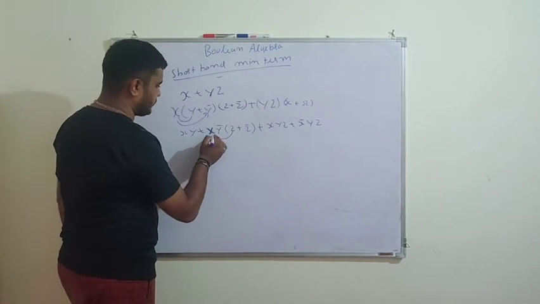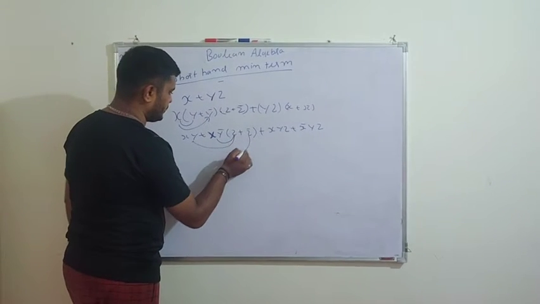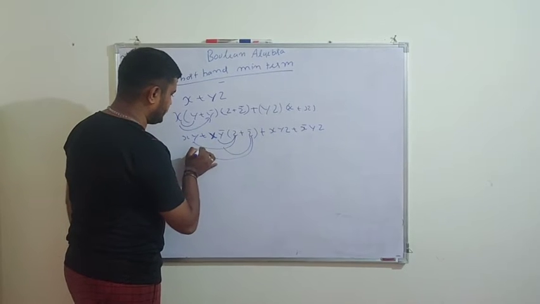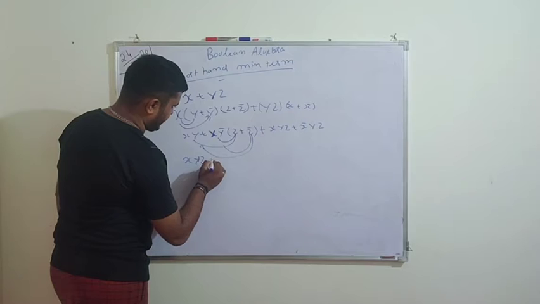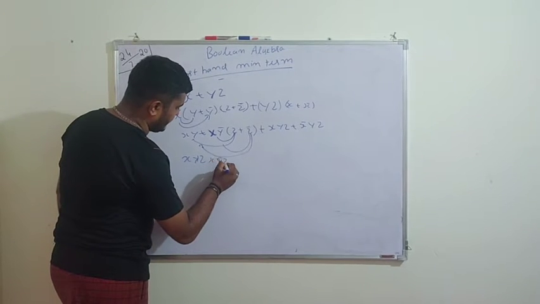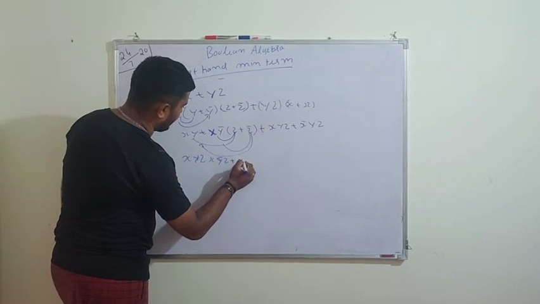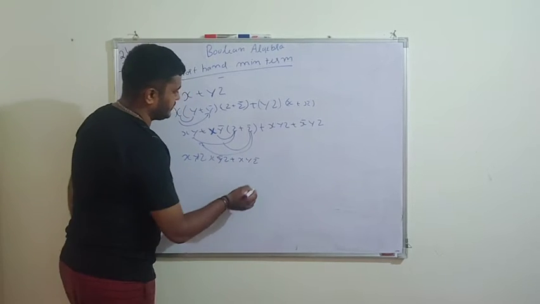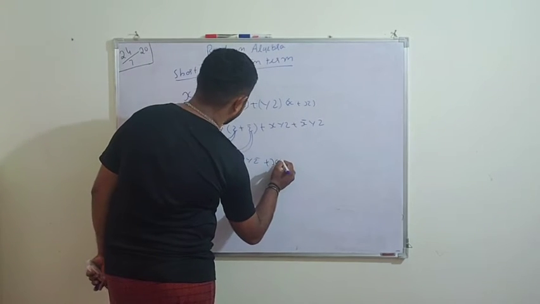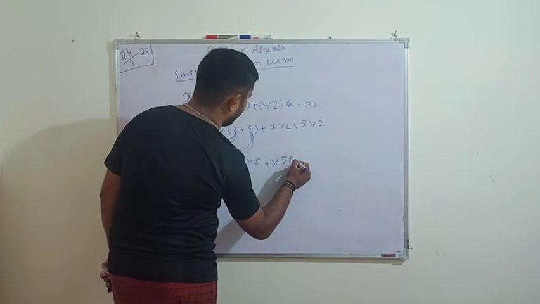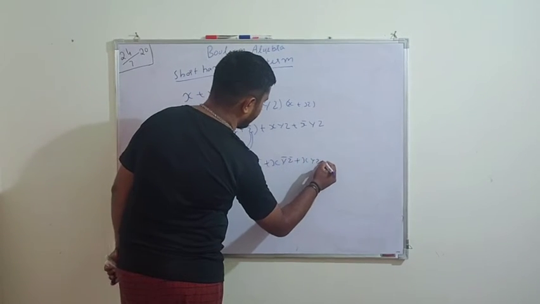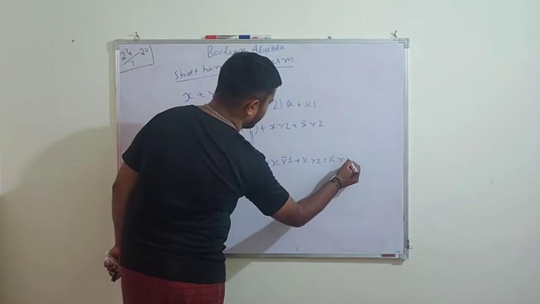Again, you should multiply this with this, and this with this. So how does it come? xyz, x y bar z plus x y z bar, plus x y z bar plus x y bar z bar plus xyz plus x bar yz.